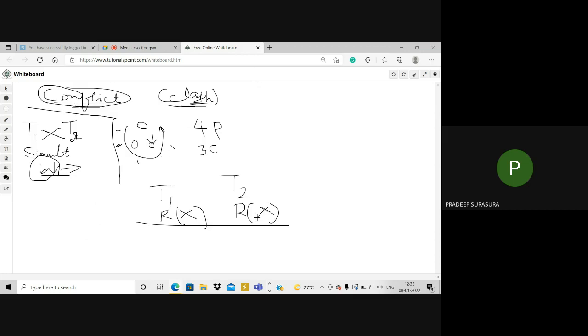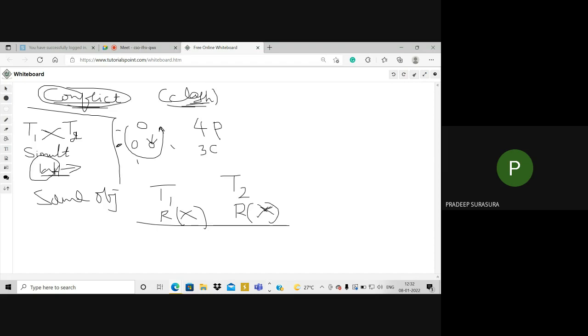In the same way, multiple transactions trying to work on the same object. That's one of the important concepts when you're working on conflict.